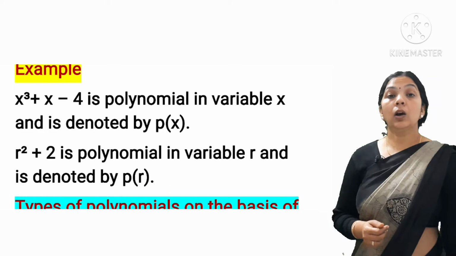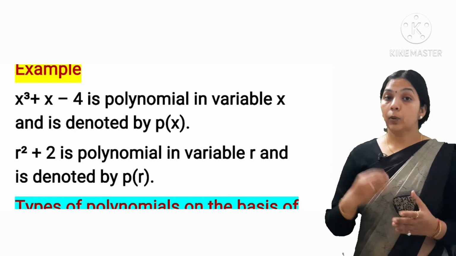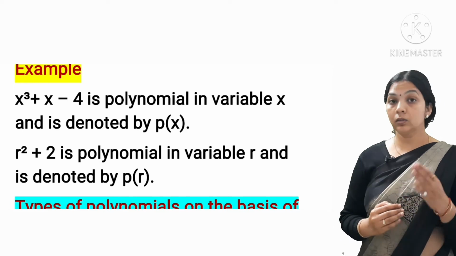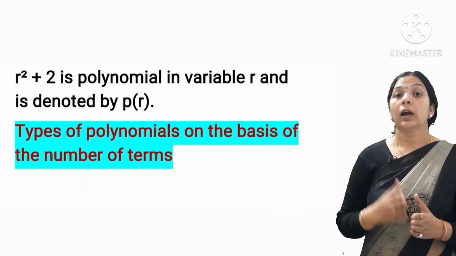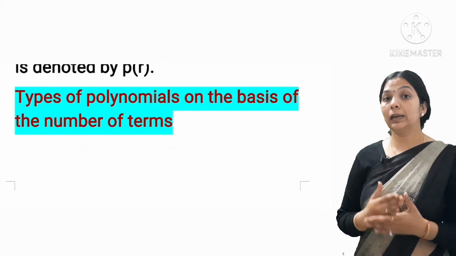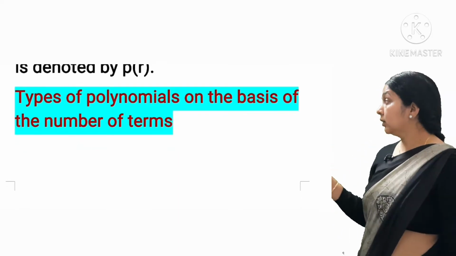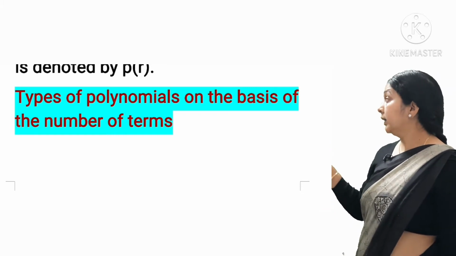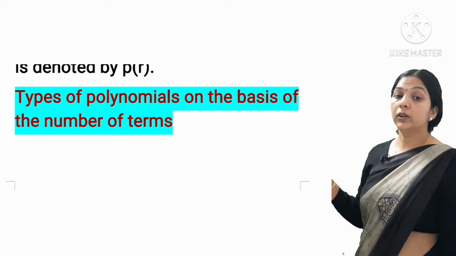So, now types of polynomial. The polynomials could be categorized on 2 bases. First, the number of terms. As I told you, the numbers which are separated by the signs plus and minus are the different terms.